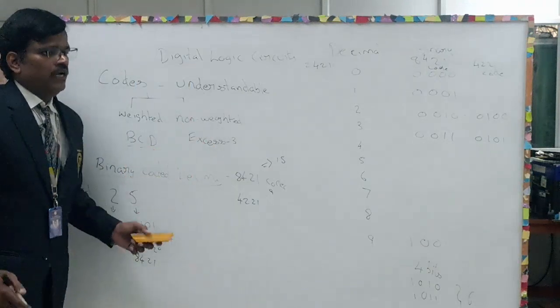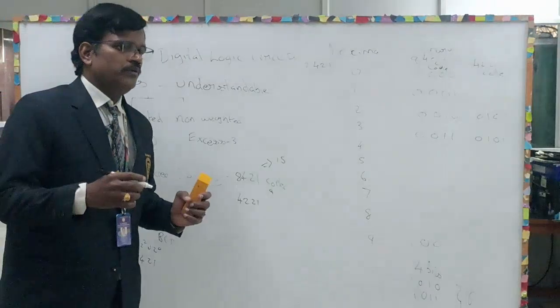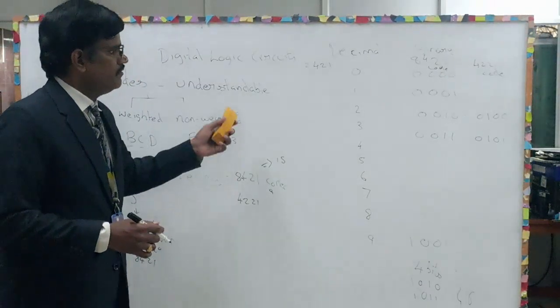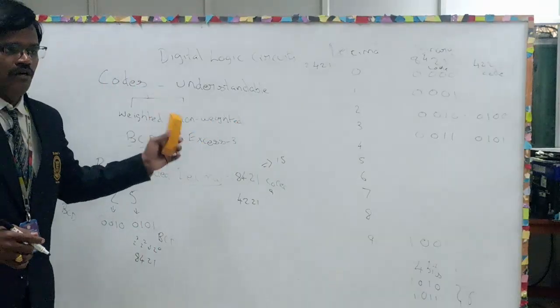Okay. So, in the BCD we have this 0 to 9 and all those things.